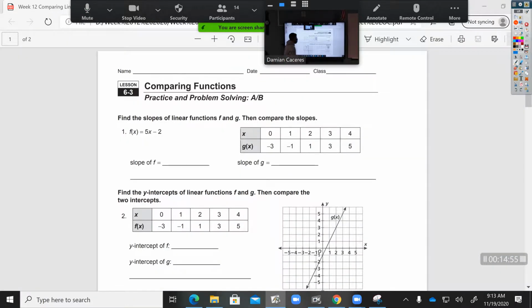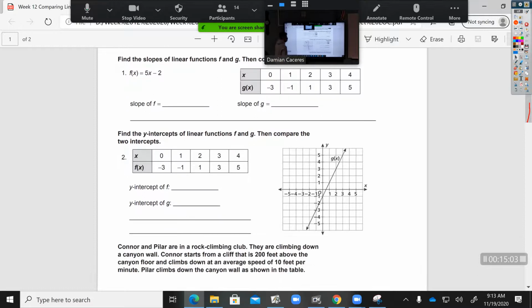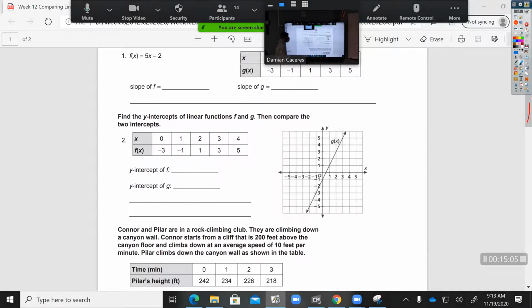Okay, so let me just show you number 2 really quickly. For number 2, you have g of x here, and you have f of x over there. So the table is f, the graph is g.